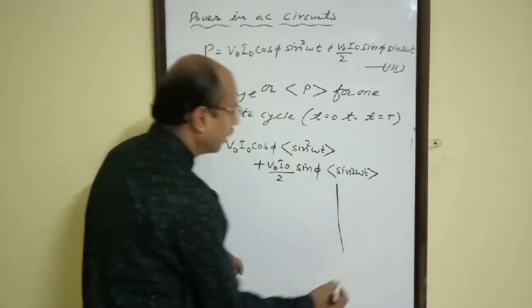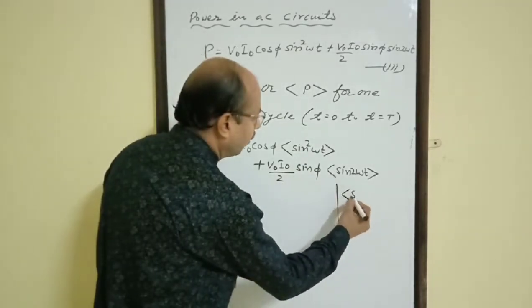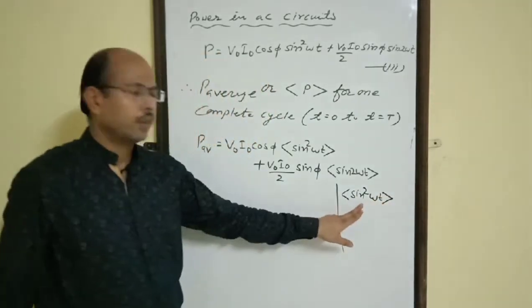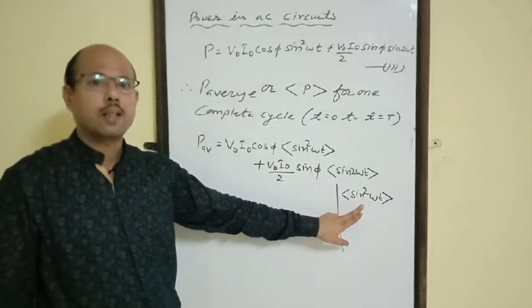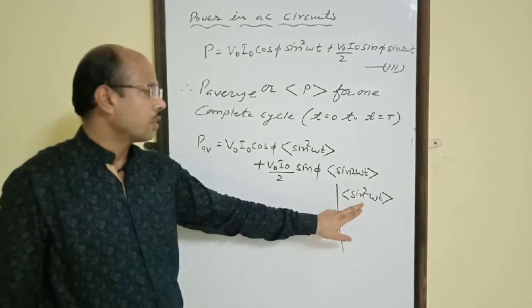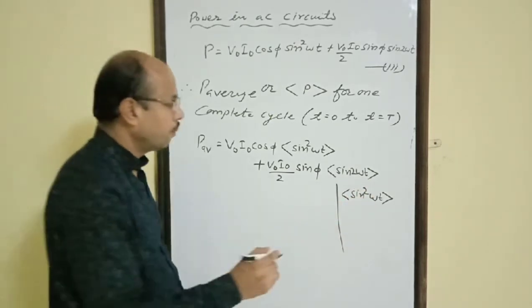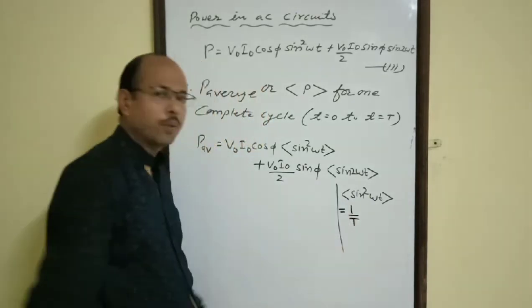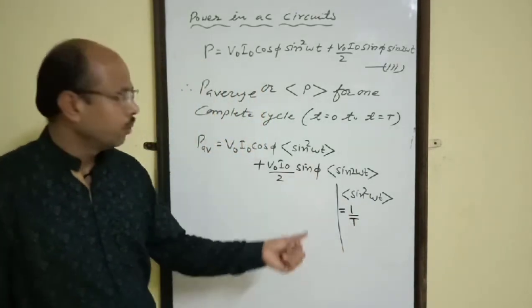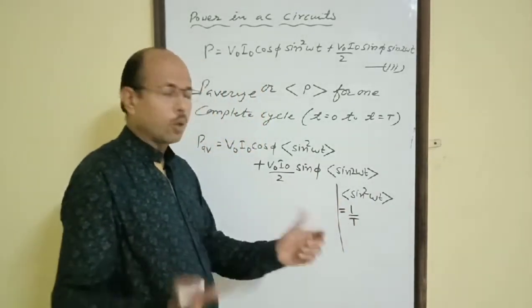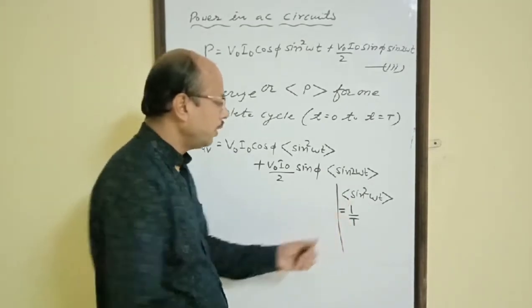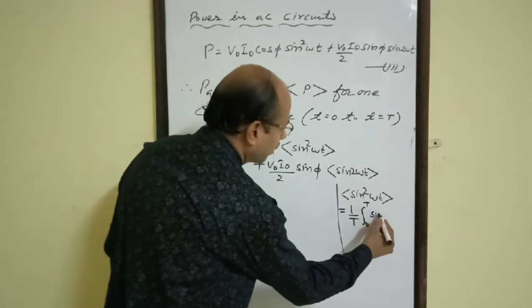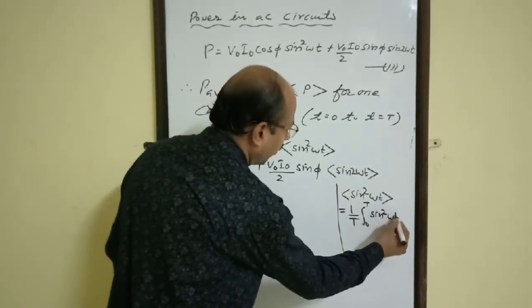Directly we can use the average value of sine square omega t for one complete cycle, which can be written as 1 by T integration 0 to T sine square omega t dt.